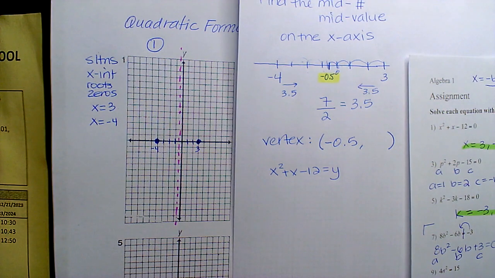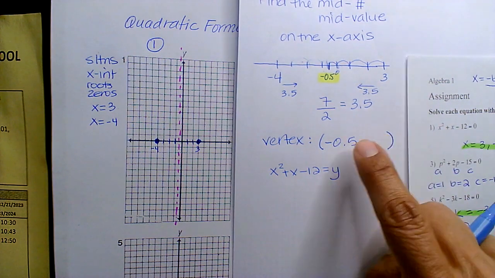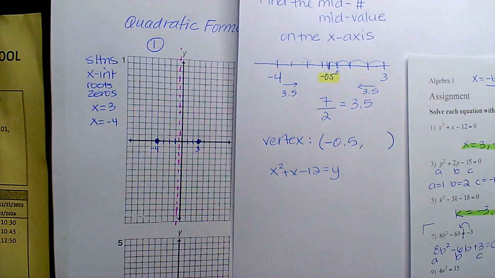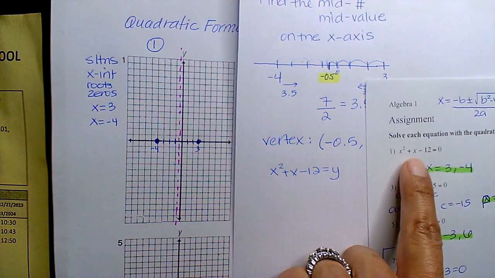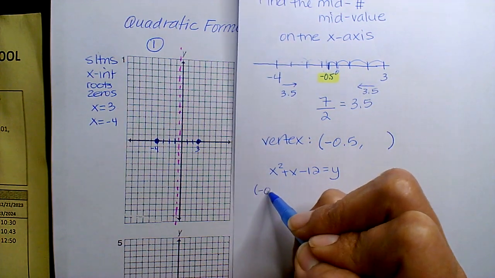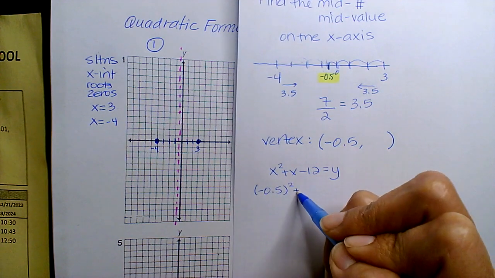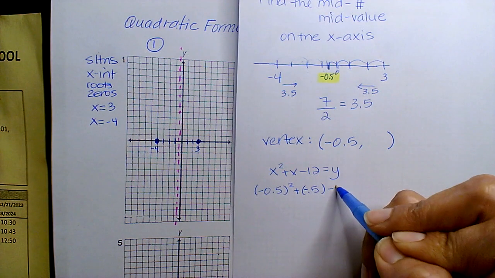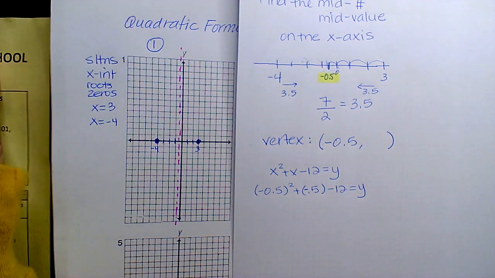And so you get input, output. If you want to know what y value correlates to that x number, substitute it into the equation. Okay, so you're given the function here. You don't have to look for it. Okay, so what's negative 0.5 squared plus negative 0.5, minus 12, and so what do I get?